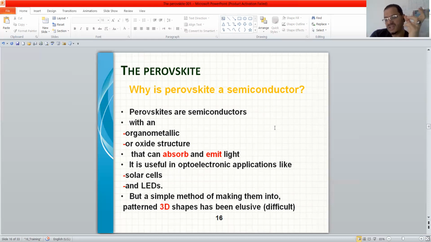Because of this behavior, it can absorb and emit light like a semiconductor. It is useful for optoelectronic applications like what? Like LED and solar cells. But here we have a note: it's difficult to manufacture the perovskite in three-dimensional shapes.